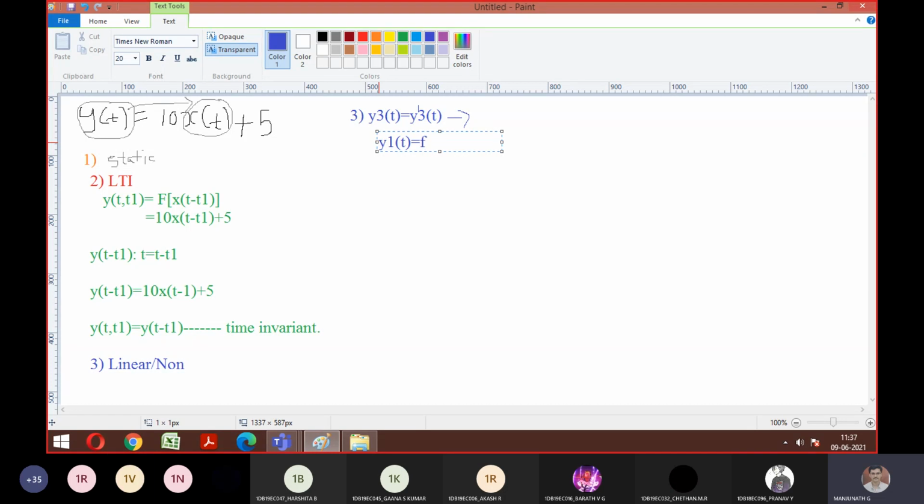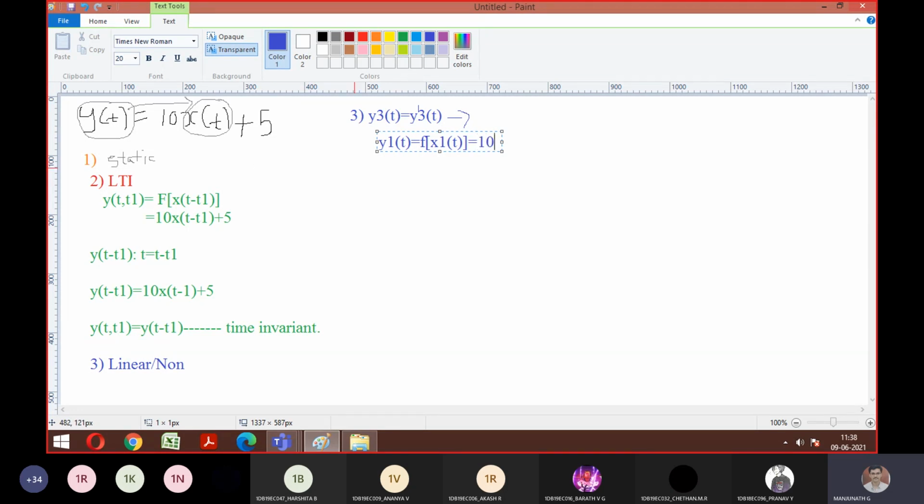y of t is equal to function F of x1 of t. Good, so this is the first function. What is the answer for this? Look at the question, with respect to the example we did there. The question is not t x1 of t, it is 10 x1 of t plus 5.